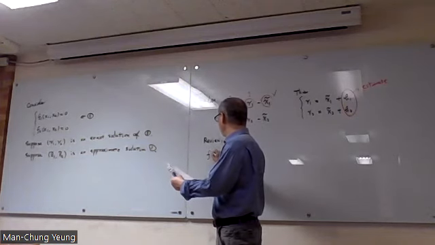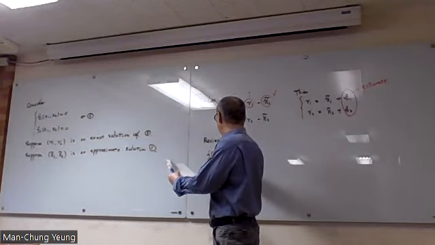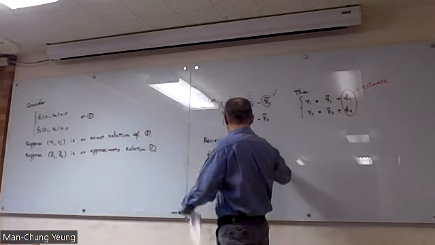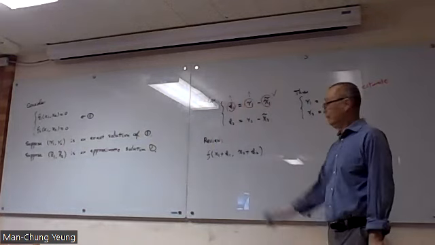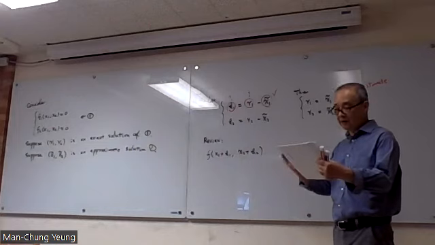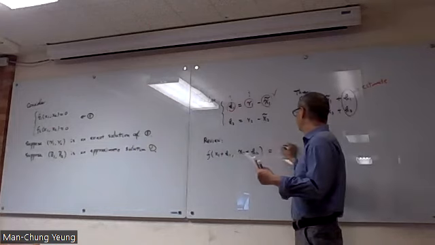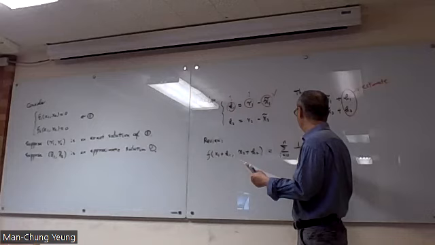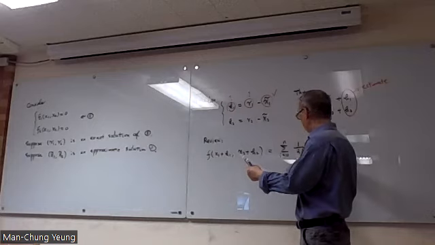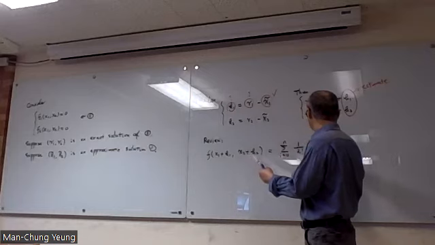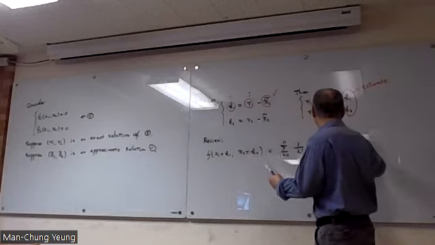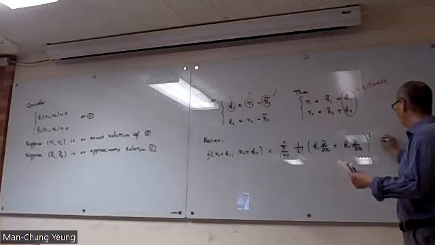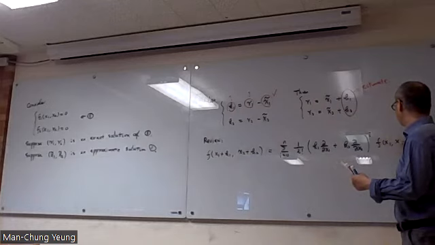Taylor expansion is about x: the summation, i from 0 to n, of 1 over i factorial, times h1 partial derivative with respect to x1 plus h2 partial derivative with respect to x2, raised to the i, applied to f at x1, x2.